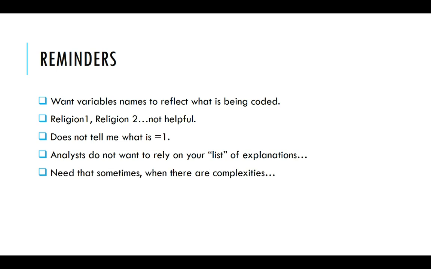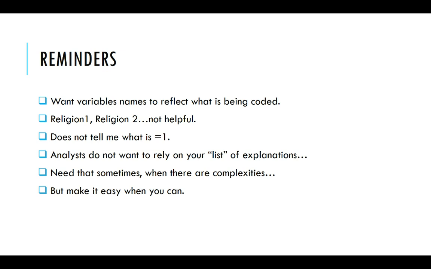Now, I understand in the real world, sometimes with really big data sets, you have a whole page of notation with definitions. So sometimes you need that kind of stuff when there are complexities, but why not make it easy when you can? When I'm working with my colleagues, if I name my variables appropriately, they don't have to keep going back to ask what this variable was again, what category 1 is, what category 2 is.